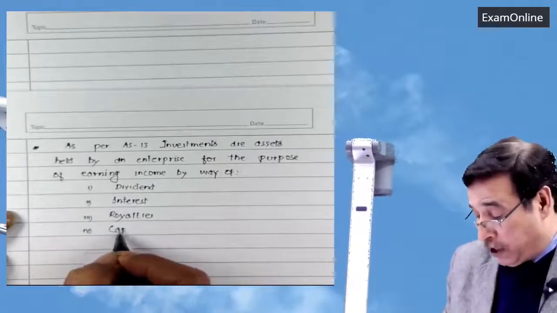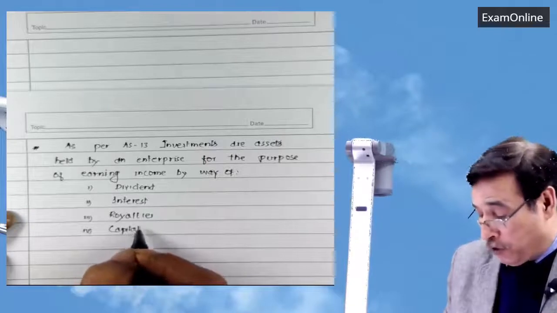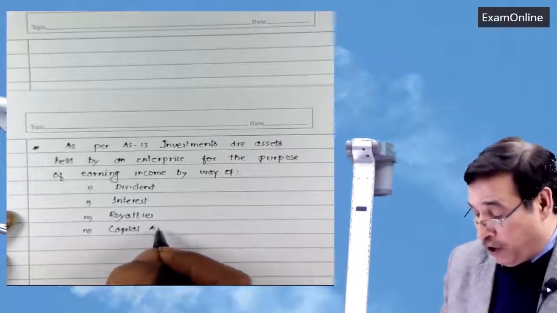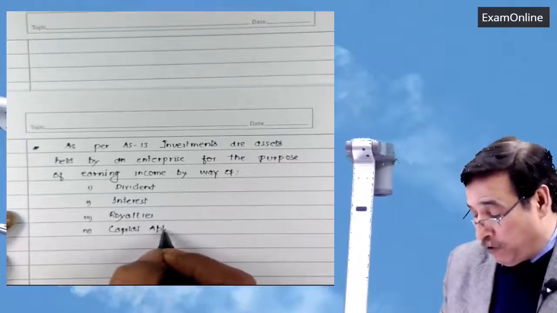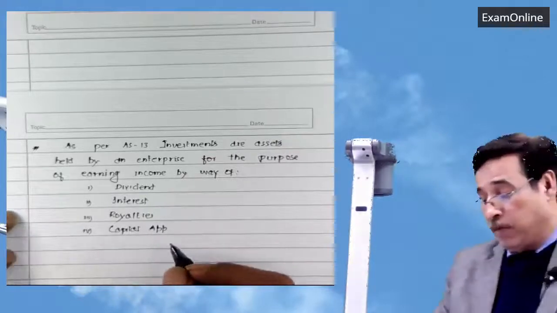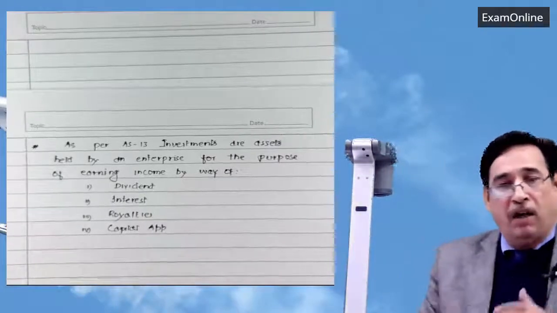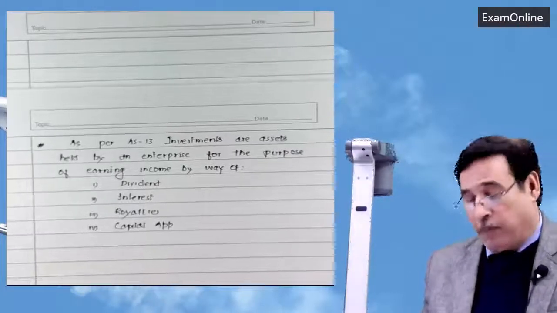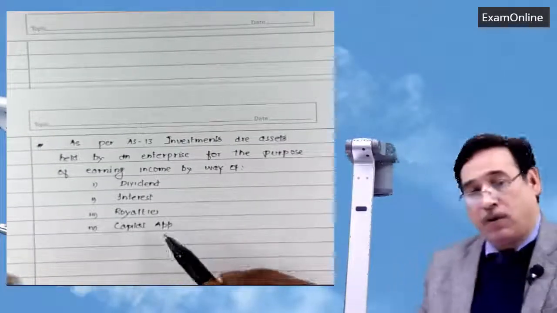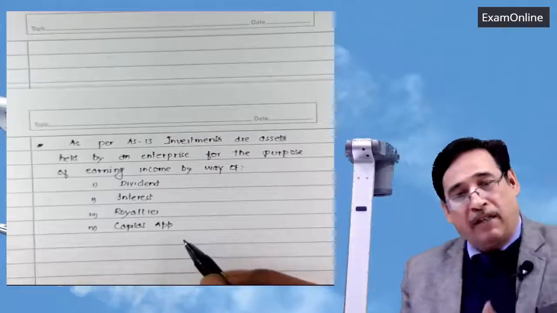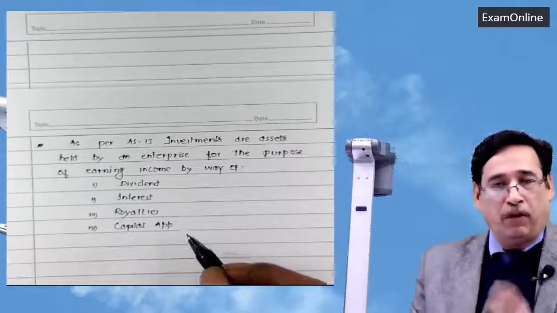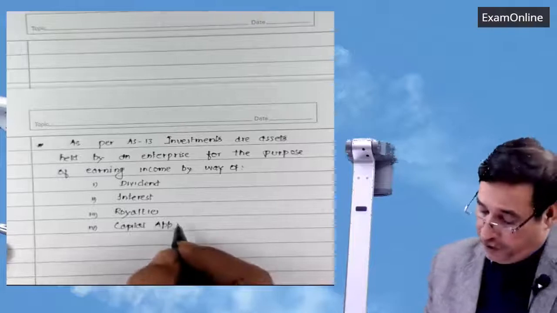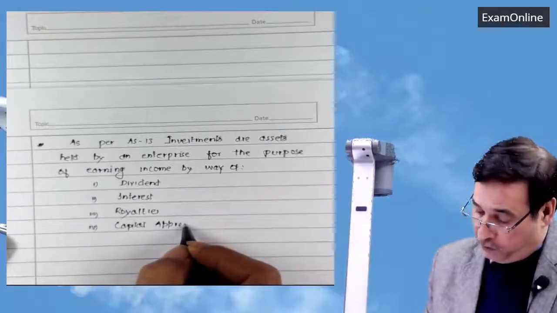I will explain this point, capital appreciation, later on. However, at this moment, it is suffice to say that investment means you have kept some assets with you just with the purpose of earning some income, or so that such asset appreciates in value. So in both the cases, you will have some income or benefit, appreciation.